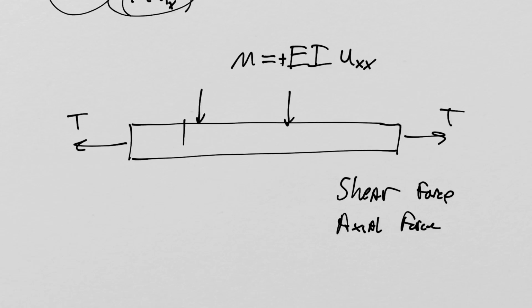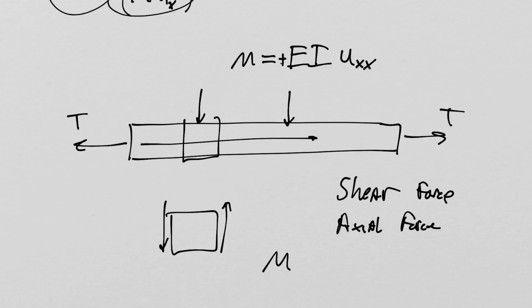So if I take any little piece of the wire out, shear forces are applied on the sides. And at any point along the wire, there's a bending moment. That bending moment is a result of the integral of all the shear forces, which sometimes are called Q, along the length of the wire.